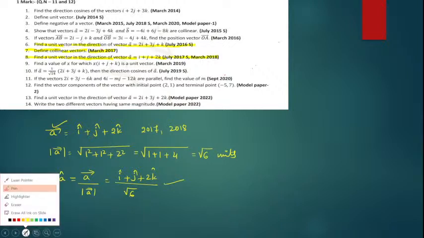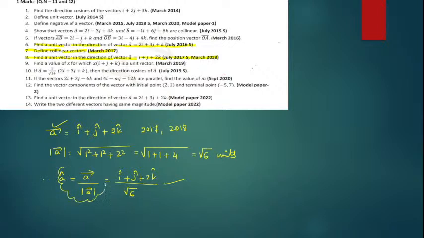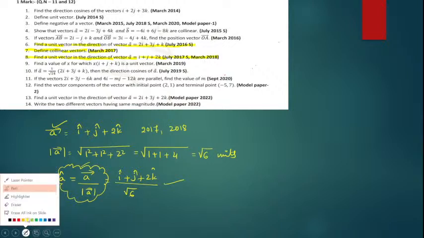Hope you got the point. The important part is you have to remember the formula, because this chapter has many problems and many formulas, so you may have confusion. So be clear with that. The unit vector a cap is equal to the a vector divided by its magnitude if they ask for a unit vector. Hope you got the point.